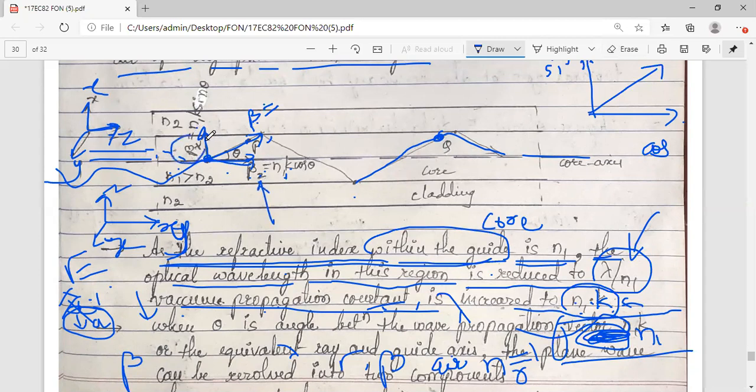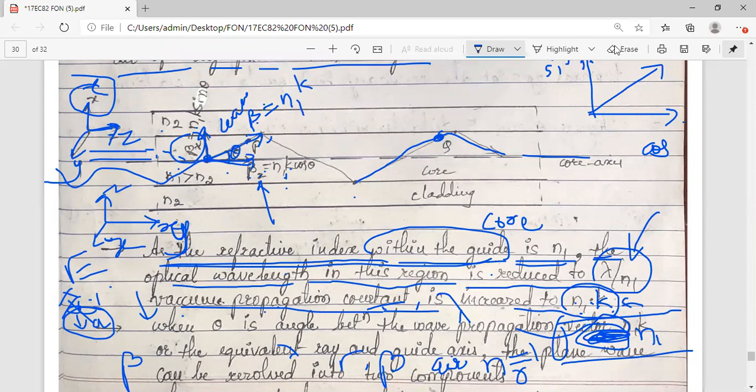Similarly, vertical will become beta x because I have taken the vertical direction as x. So your wave vector beta, which is nothing but your vacuum propagation constant n1 into k, gets resolved into horizontal and vertical components, and this angle is theta. So this is the structure.